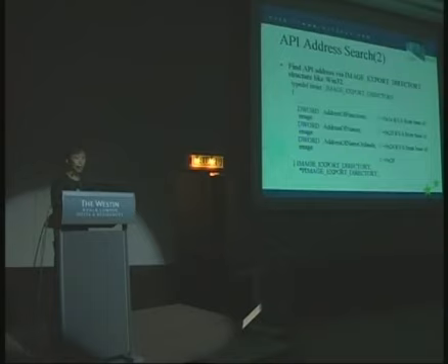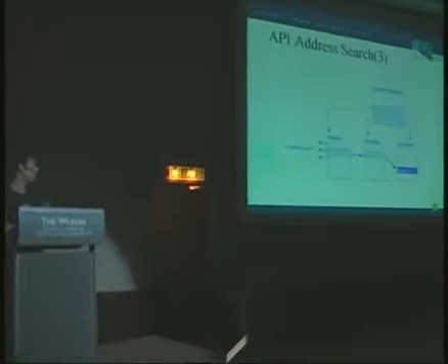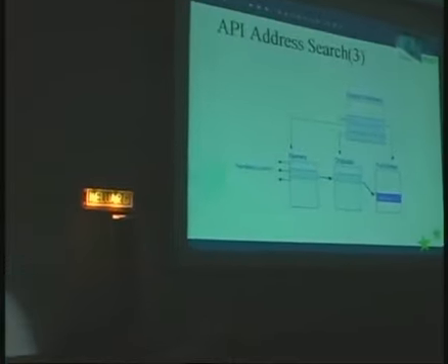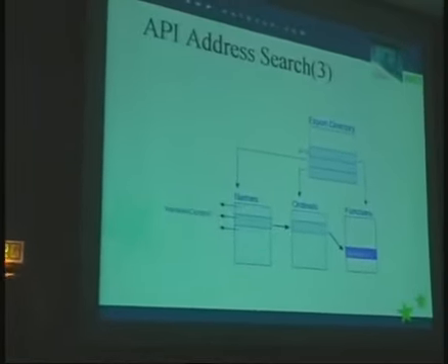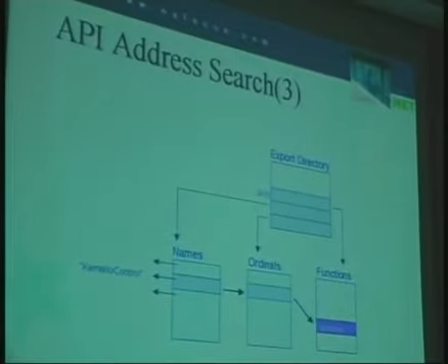So we can find the API addresses via the image export directory structure, like on other Win32 systems. This picture is also ripped from LSD's Win32 assembly components, and it shows how to obtain the API address via the API name.